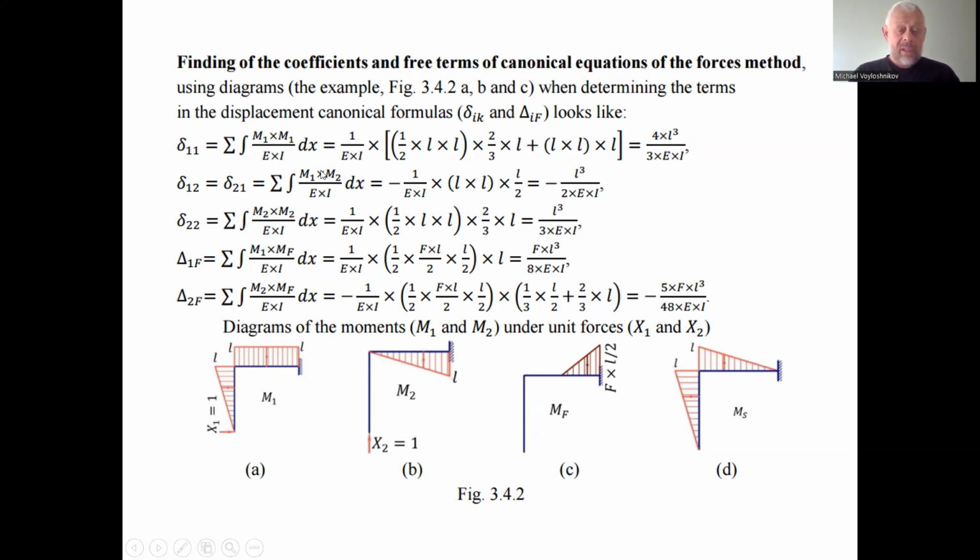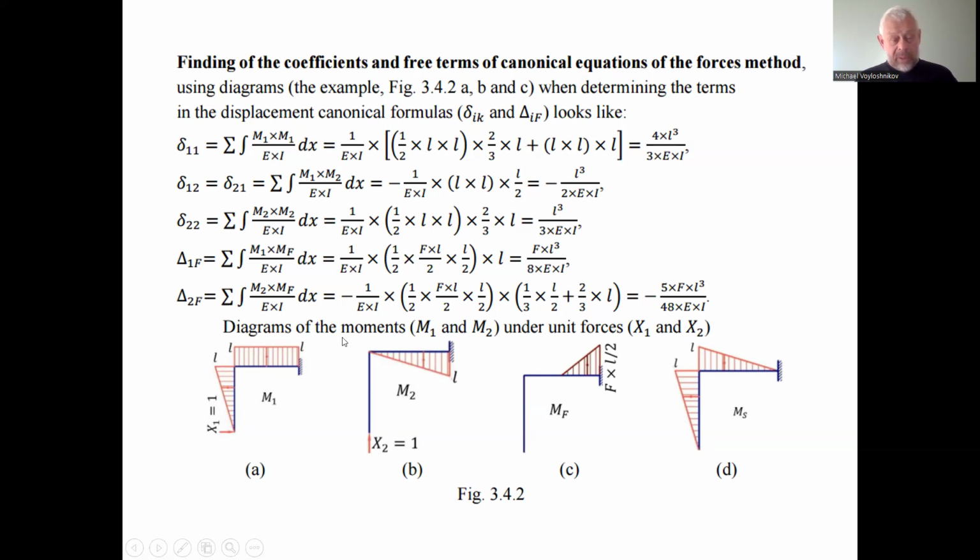So we use the rule of finding this Mohr integral by Vereshchagin's method. Under the direction of the unit force in the second direction, we don't have bending moments in the first segment of the considered main system of the frame. We have only the linearly increasing bending moment in the second segment of the frame.